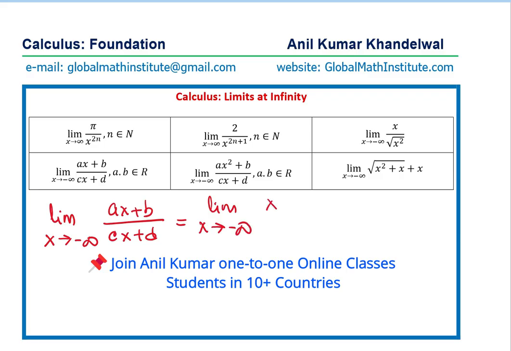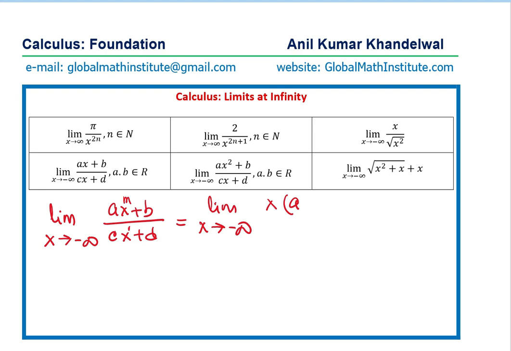So this process can be applied to all questions of this type, right? So I could even write x to the power of m, and the same power m. You get the whole idea. If this is the same, in that case I can write x to the power of m as a common thing. So I can change this and show you what happens when I make it the same exponents for both numerator and denominator, right?